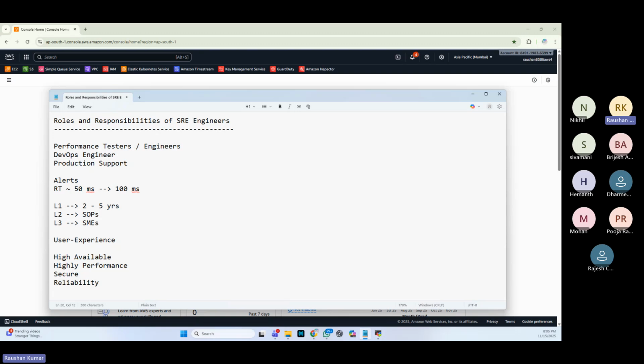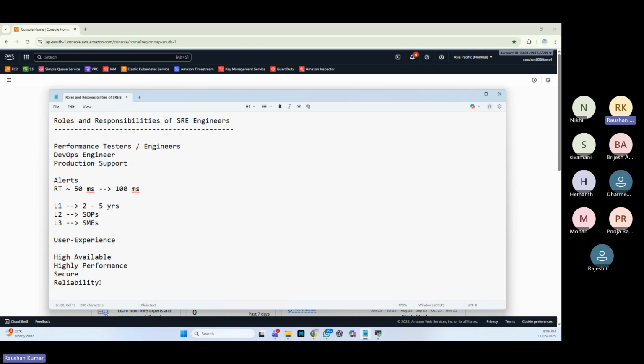Do you have an automated way of recovering yourself? How soon you recover, that's reliability. Are you reliable? Your server will go down, your load balancer will go down. You cannot trust 100% on anything. Will you be reliable? Is your application reliable, robust? That's reliability.